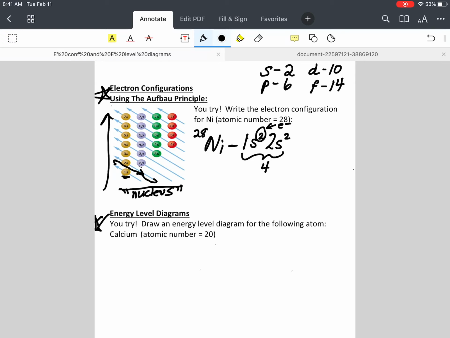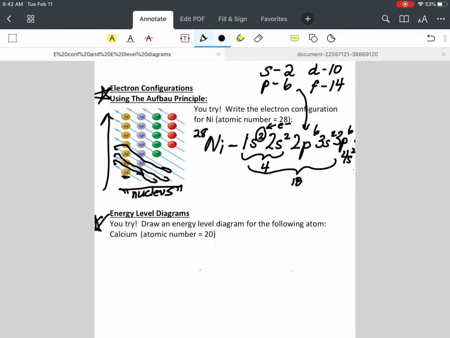Follow tip to tail again, and I won't keep writing this because it's getting a little messy. 2p, and p holds 6. Keep going, 3s2. Keep going, 3p6. Okay, and at this point now, we have got 10, 18. We need to keep going. So after 3p, we have 4s. Well, let me do that down here, 4s2.